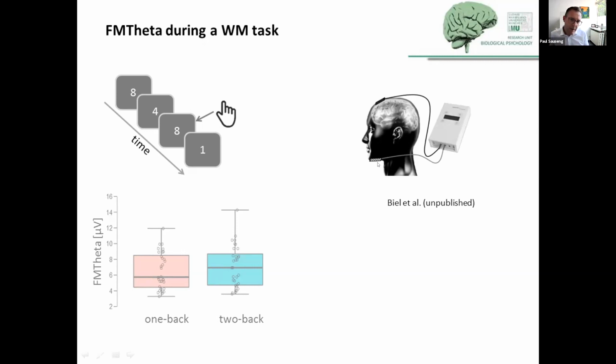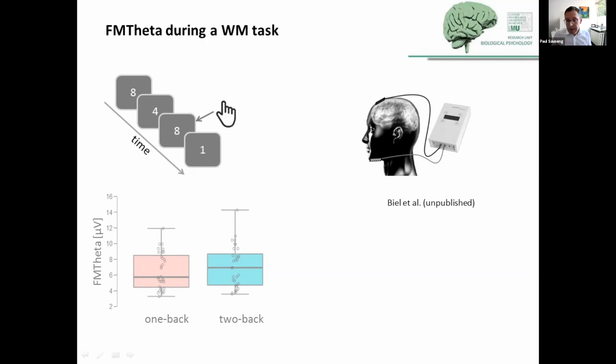So what we did was we used transcranial alternating current stimulation, where you apply a very weak alternating current, and we put the stimulation electrode over these frontal midline electrodes, so FZ, and the return electrode under the chin, so that the trajectory of the electric field should pass through the medial parts of the prefrontal cortex.